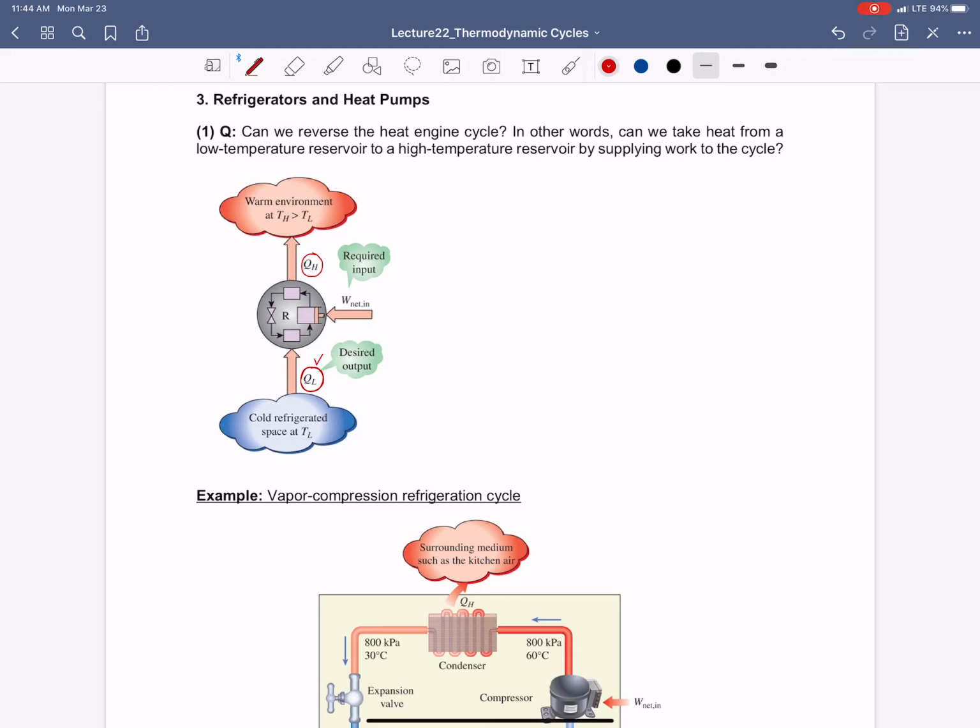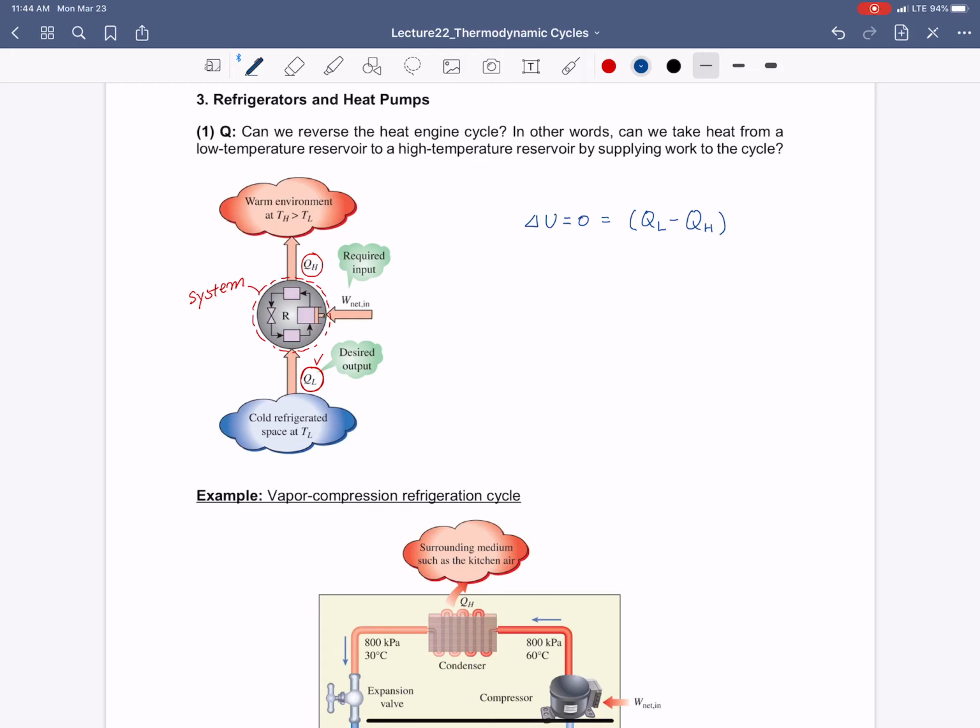Now, the same way as we did before, if we take the cycle as your system, which is a thermodynamic cycle, the internal energy change inside of your system should be 0 because that is a cycle. And that is written as QL minus QH.